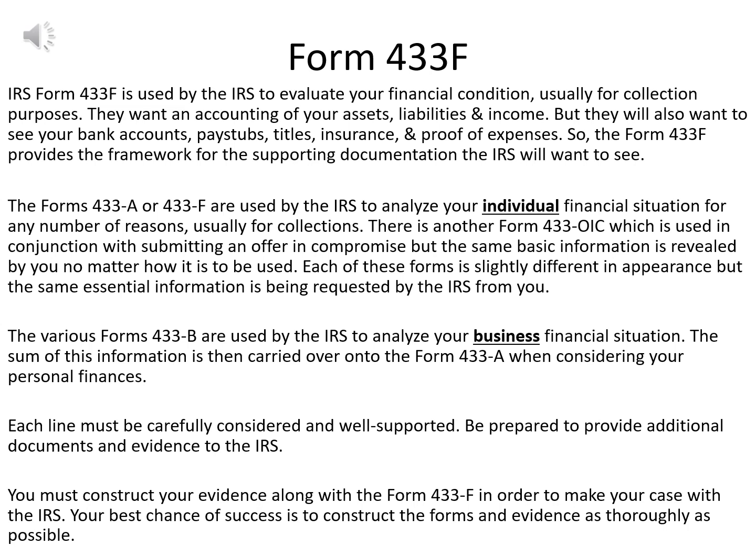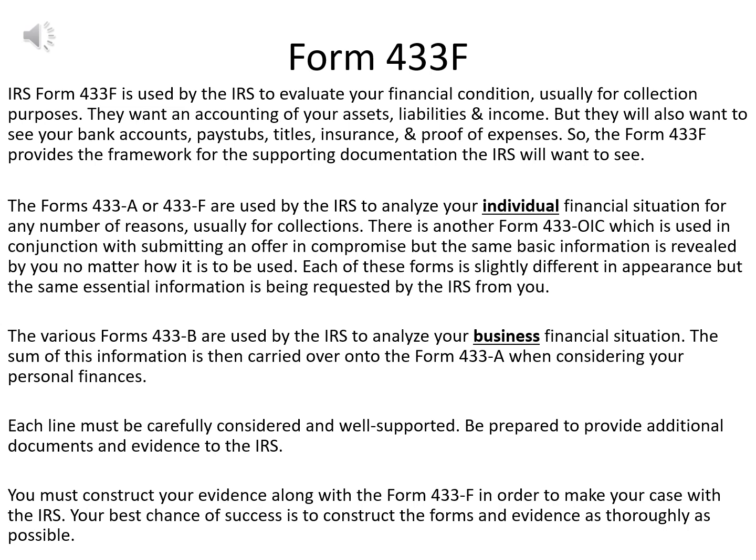The Forms 433A or 433F are used by the IRS to analyze your individual financial situation for any number of reasons, usually for collections. There is another Form 433 OIC, which is used in conjunction when submitting an offer in compromise, but the basic same information is revealed by you no matter how it is to be used.